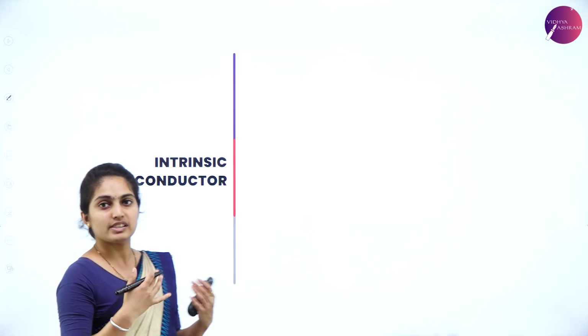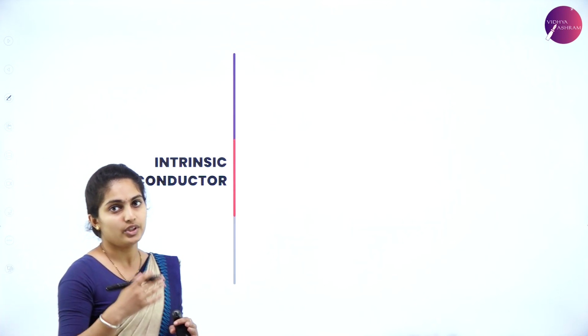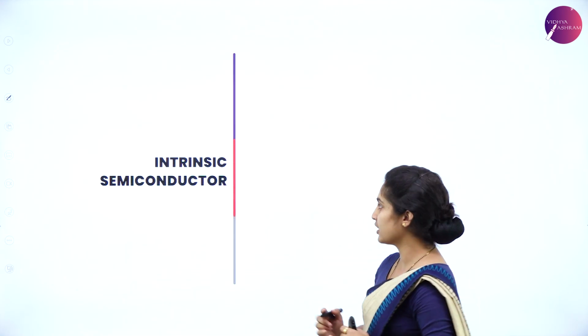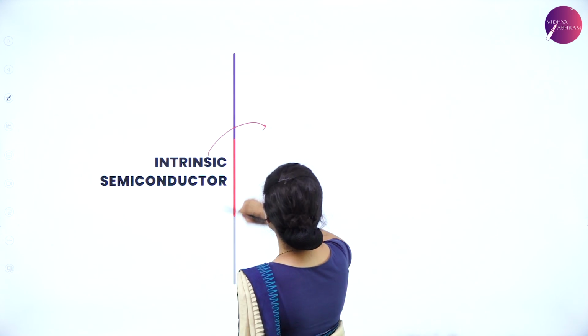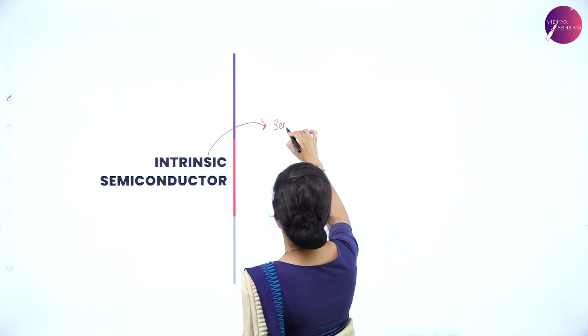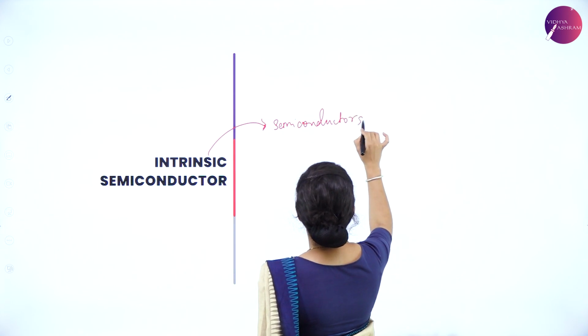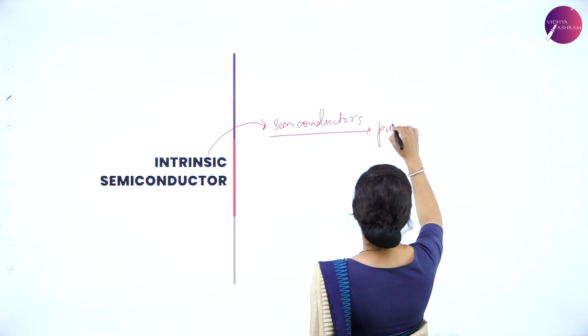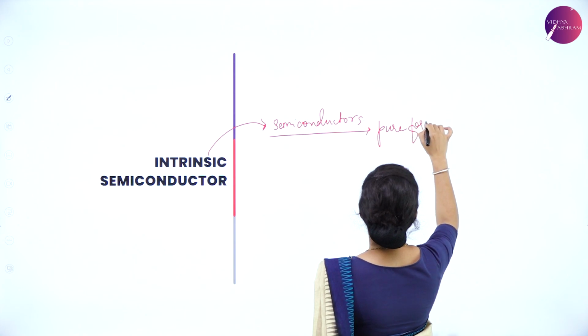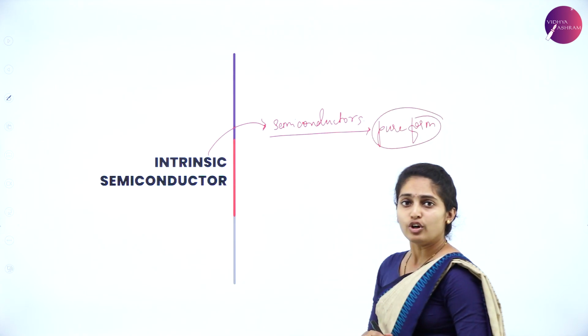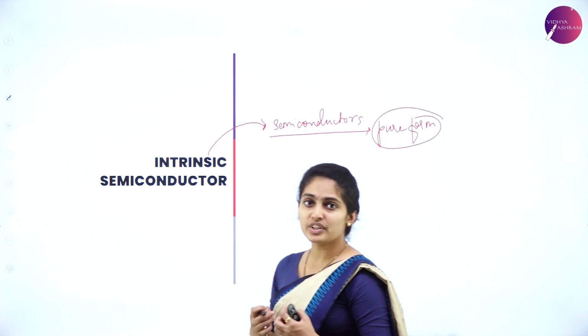First of all, semiconductors are divided into two types: intrinsic semiconductors and extrinsic semiconductors. Intrinsic semiconductors are known as the pure form of semiconductor, to which no impurity is added.